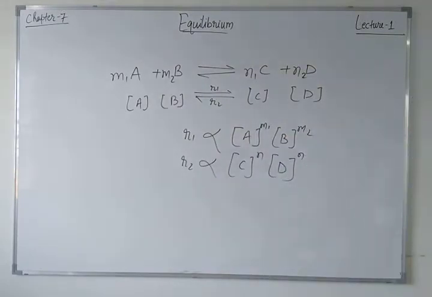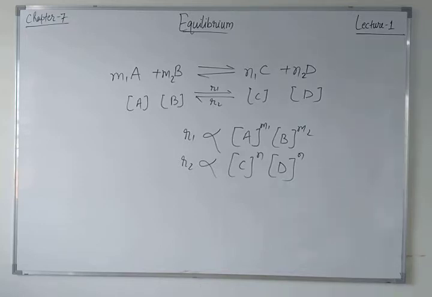Here I have written the mass action: the rate of reaction is directly proportional to the product of the active masses of the reacting substances. So in the forward direction you have seen that R1 is directly proportional to the concentrations of A and B, and in the backward direction RB is directly proportional to C and D. Now, if we remove the proportionality, then we put a constant in the forward and backward direction.